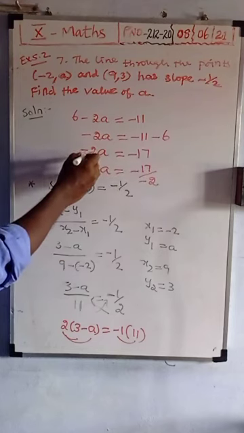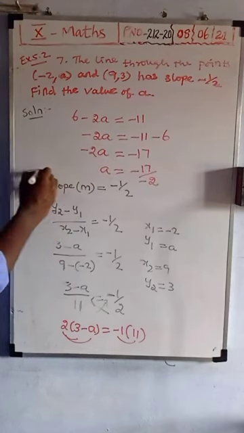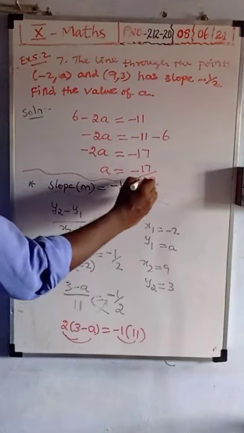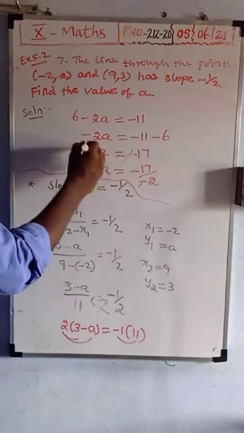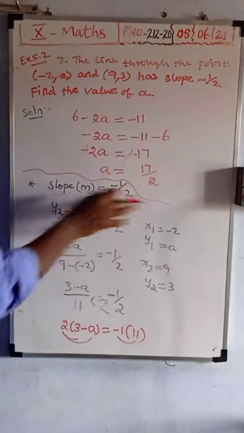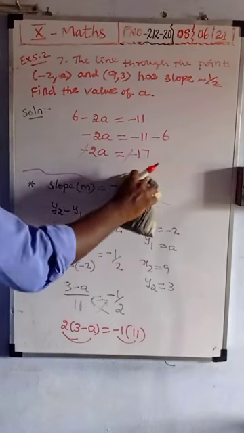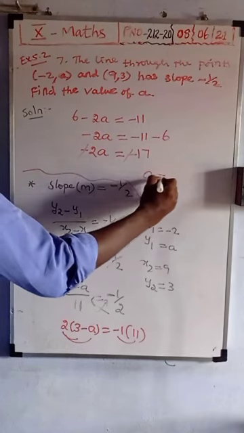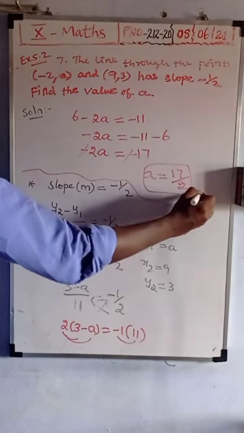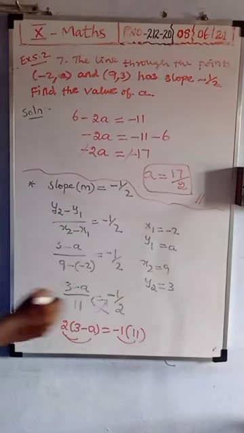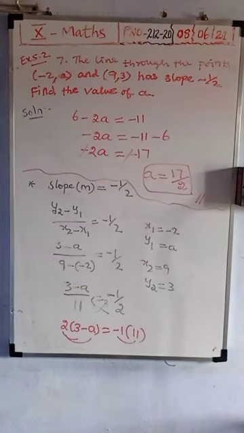The minus signs cancel, so a is equal to 17 by 2.